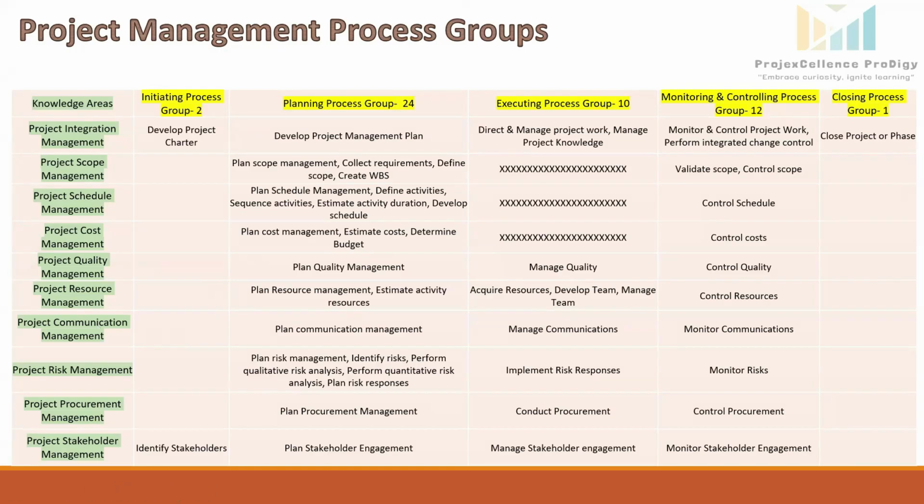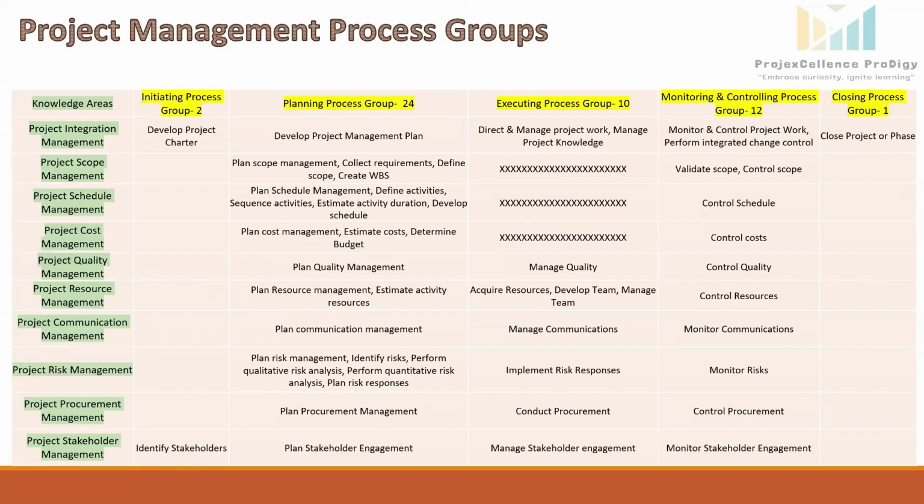Next, under project communication management knowledge area, there is one activity in planning group, plan communication management. In this process, an appropriate approach and plan for the project communication activities will be developed based on the information need of each stakeholder.